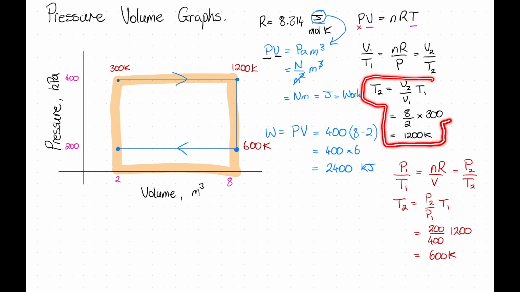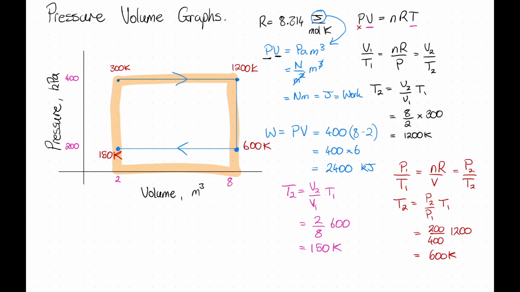Because we have a change in volume at a constant pressure, we can solve that again. So our T2 is going to be equal to our V2 on V1 times temperature 1, which is then going to be equal to 2 divided by 8 times our 600, and that's going to be equal to 150 Kelvin.